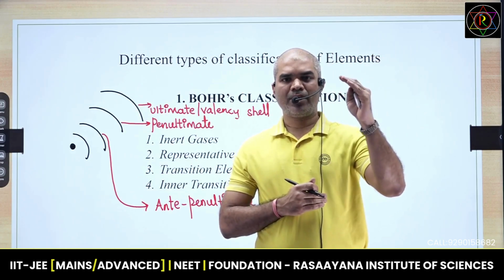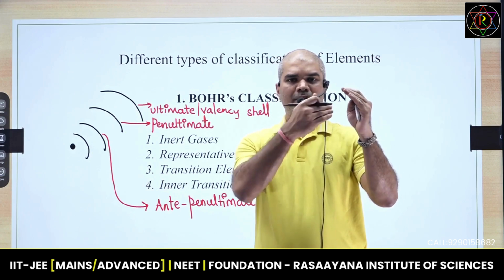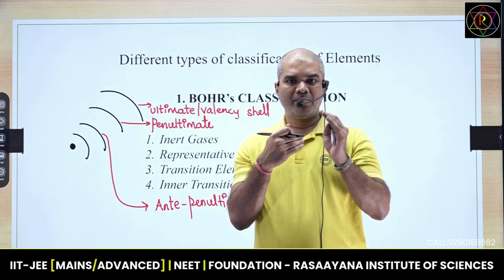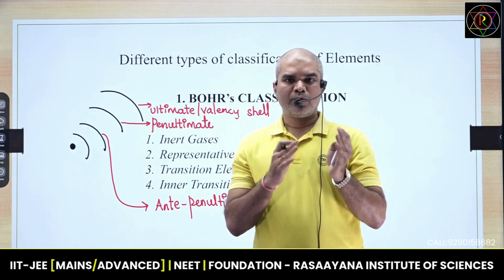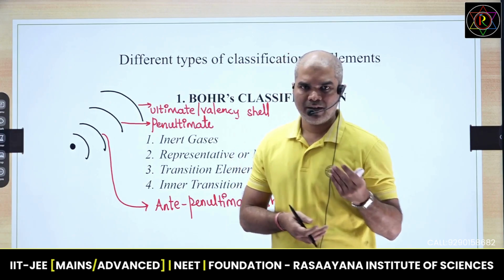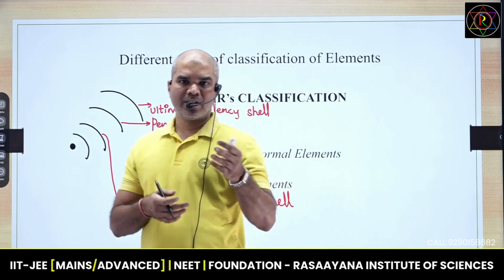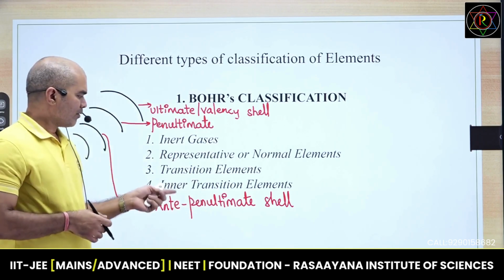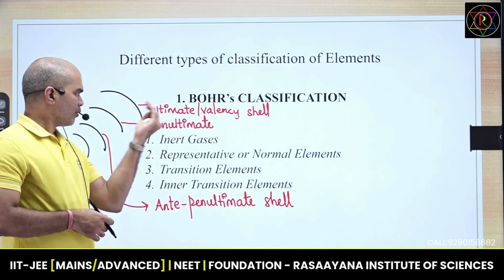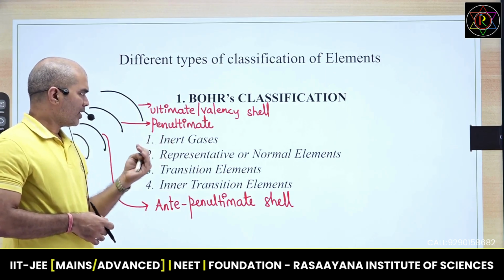The next one is called the penultimate shell. The one next to that is called the ante-penultimate shell. Opposite to ante is post, just like we have AM, PM, ante-meridian and post-meridian. Here also we have the ante-penultimate shell, before the penultimate shell.